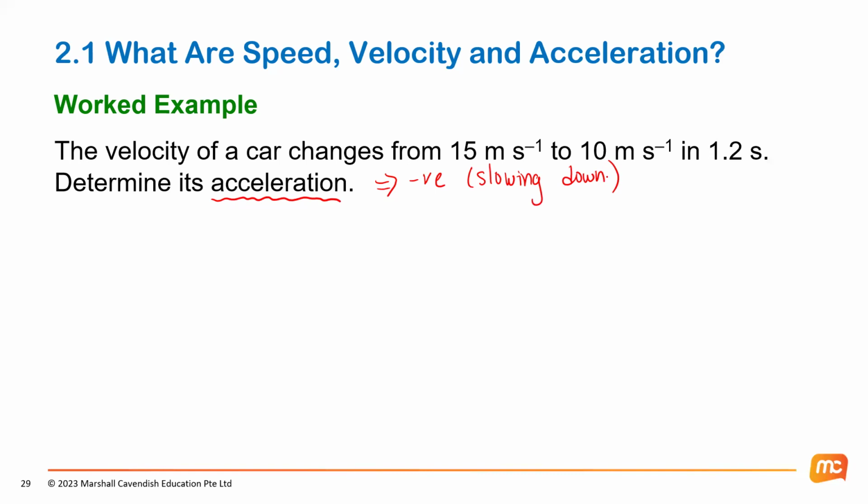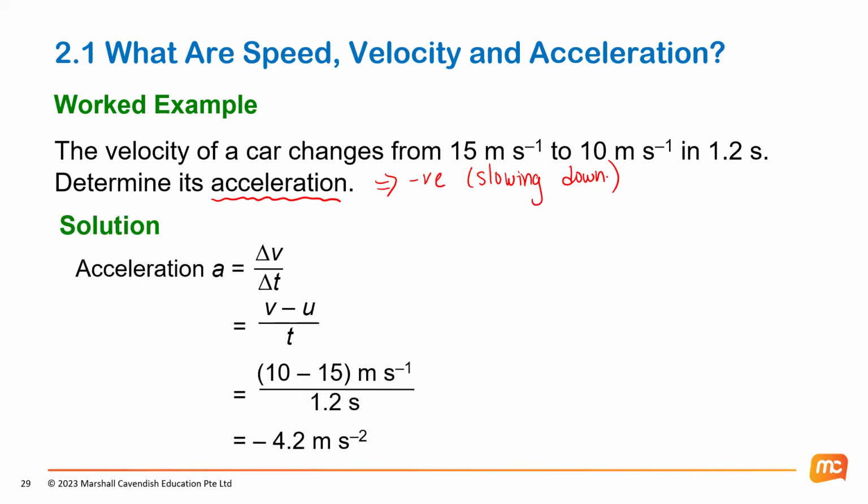But I did not ask for deceleration. Even if the question asks for deceleration, there is no formula for deceleration. There is only a formula for acceleration. So I always need to use the formula for acceleration: acceleration is final velocity minus initial velocity over time taken.